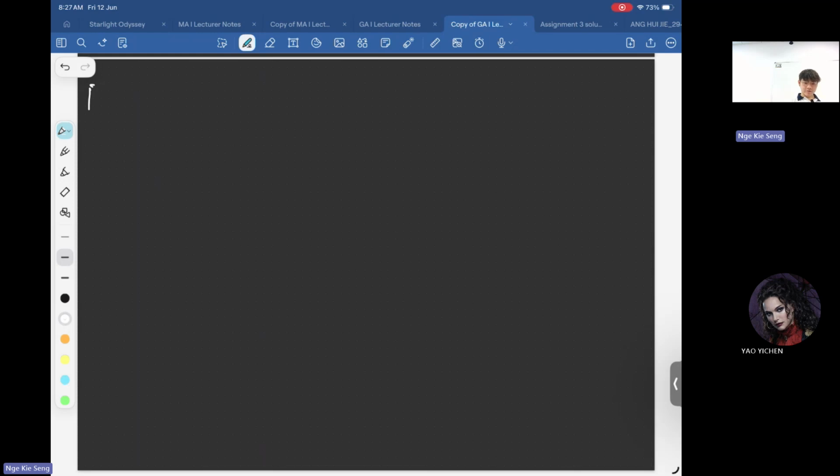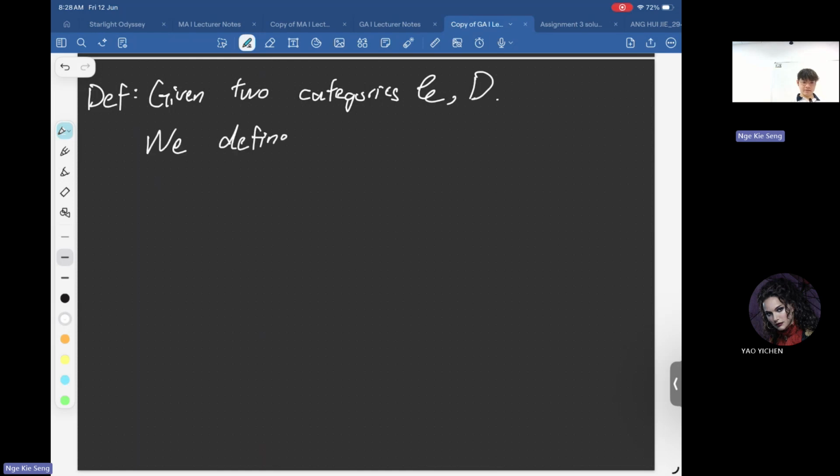So before introducing this lemma, let's talk about this notation first. Given two categories C and D, we can define something called the functor category. Meaning functors form a category.